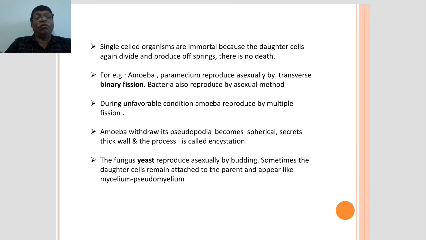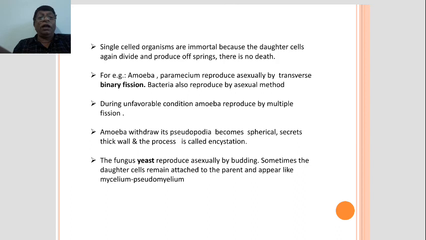This is what we mean by multiple fission. A single amoeba gives rise to many amoebae. Now, we have seen the protozoan. Similarly, the bacterial cell also divides and produces two daughter cells asexually.